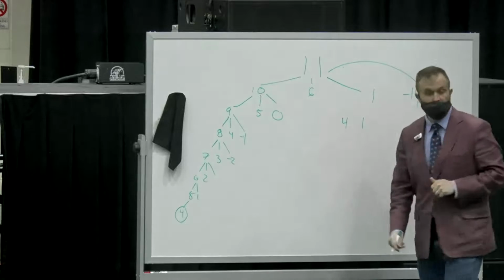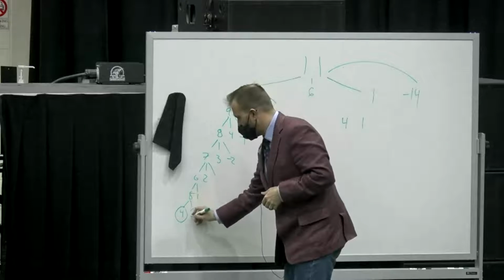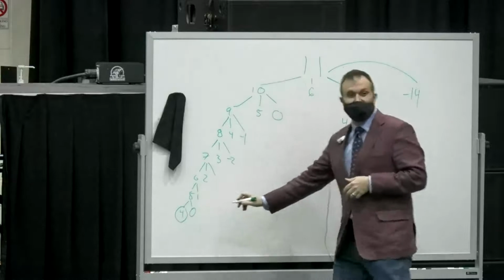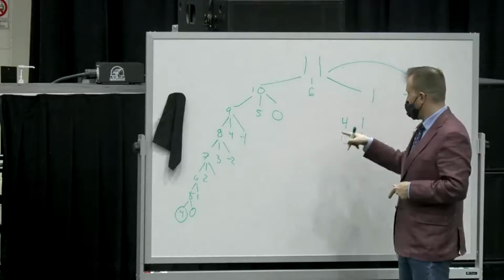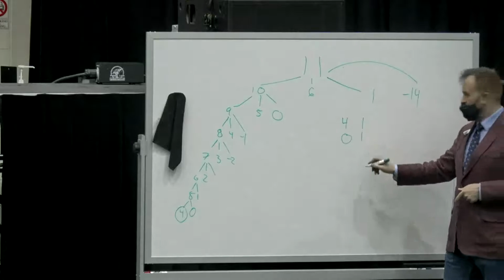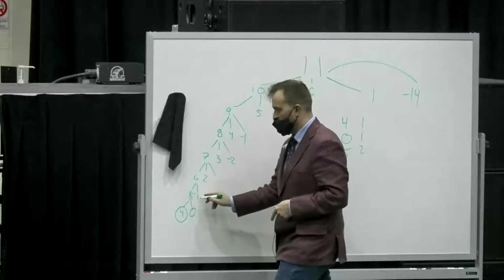So now we're going to say, all right, 4 has one combination. Now I come up here, we have 5. 5 is down to 0. 0 has another one. 5 becomes 4 plus 1. We go up to 6. We have 1 there.